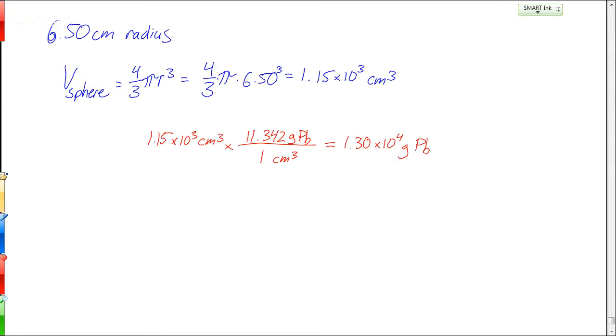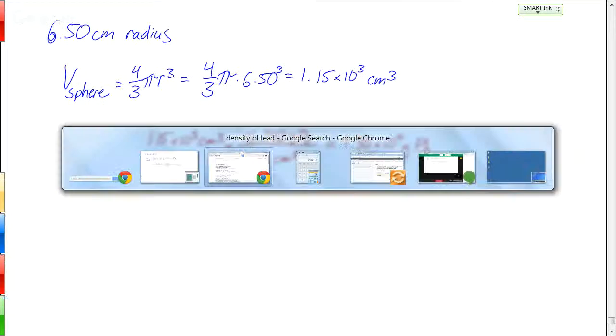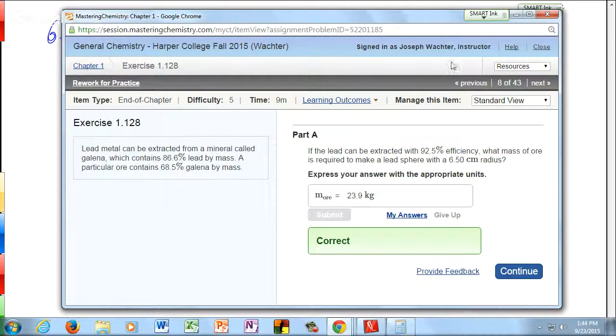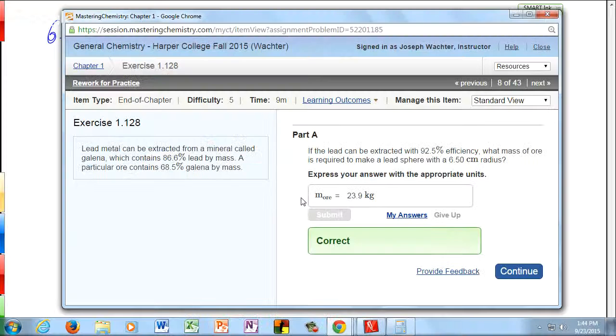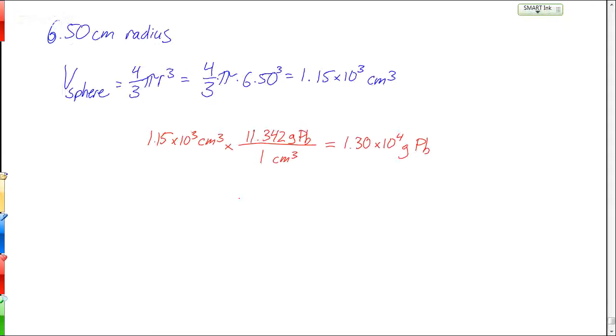So now we have to say, all right, if we're starting with this galena, and the galena comes from the ore, how much ore do we need to ultimately get to this much lead? So we take the ore, we take 68.5% of it, then we take 86.6% of that, then we take 92.5% of that, and that last number should come out to this.